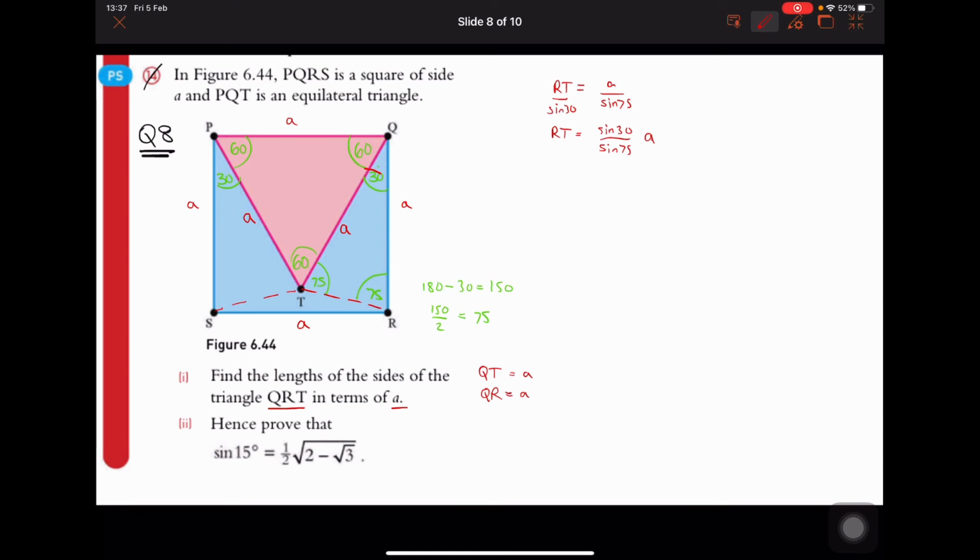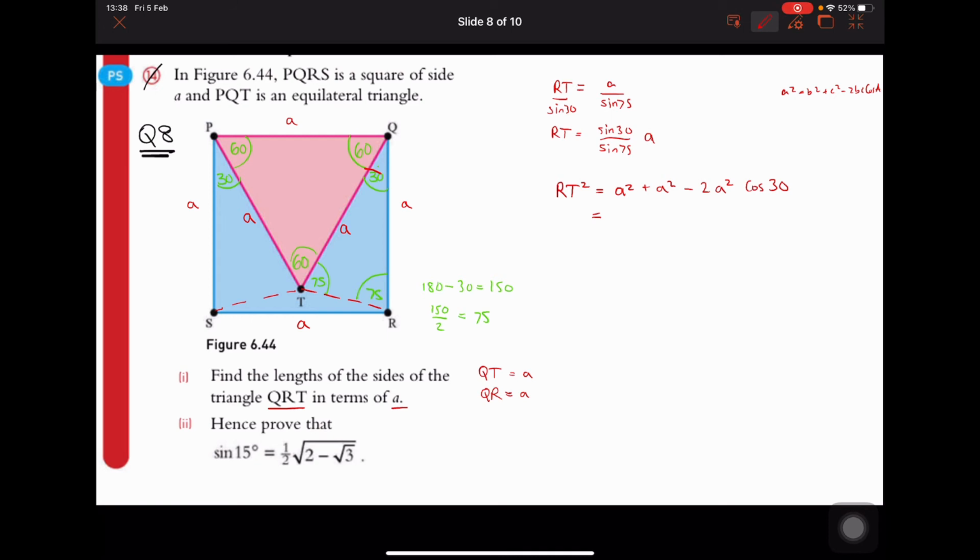So let's try the cosine rule. So I'll call it RT squared. So a squared equals, remember, a squared equals b squared plus c squared, take away 2bc cos A. RT squared equals A squared plus A squared, take away 2 times A times A cos 30.